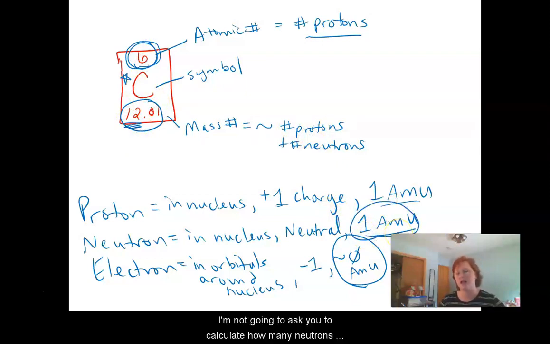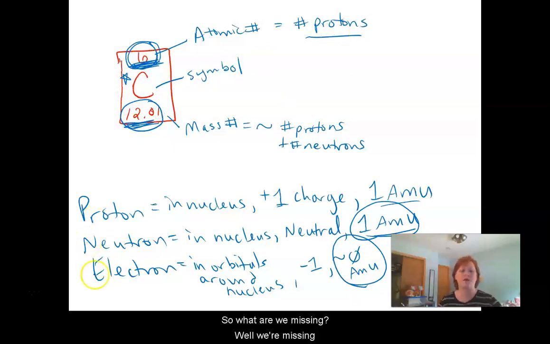I'm not going to ask you to calculate how many neutrons are in an atom because, again, that gets into some specifics that you would learn in a chemistry class. So we're going to focus on the fact that if this number is bigger than this number, we know there are neutrons in there. Okay?